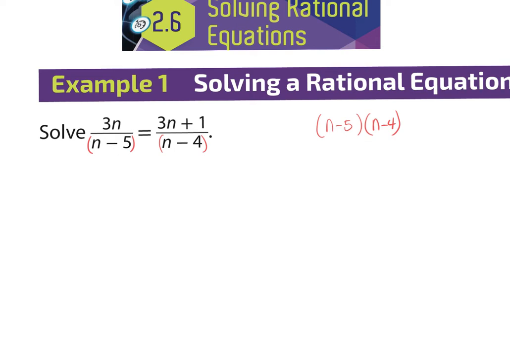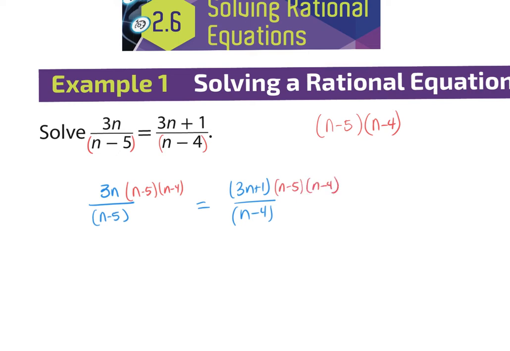So if I take this equation here, and I have 3n over n minus 5, and I multiply it by that common denominator, (n minus 5)(n minus 4), and it equals this guy, (3n plus 1) over n minus 4, and multiply it by (n minus 5)(n minus 4).